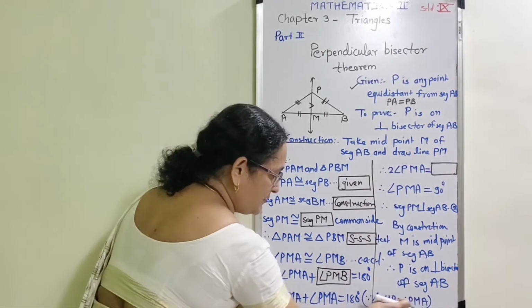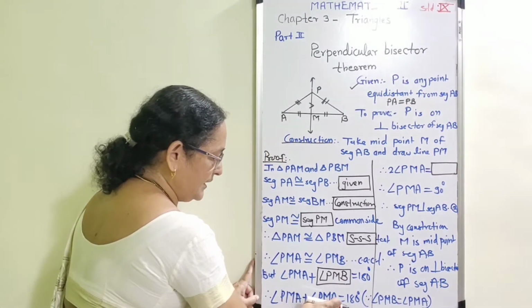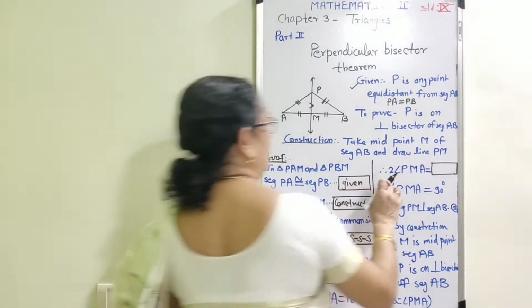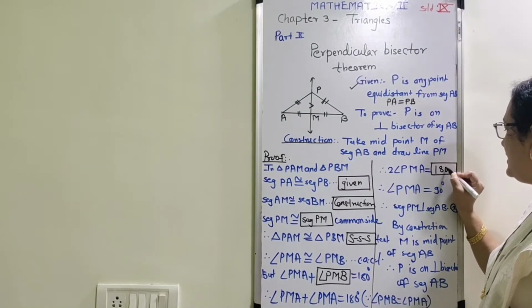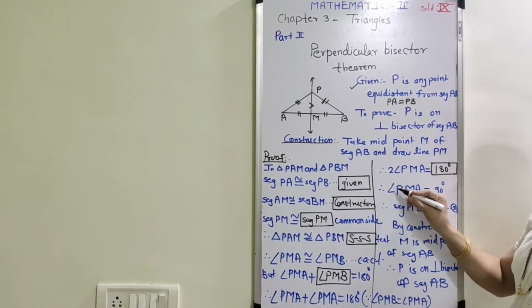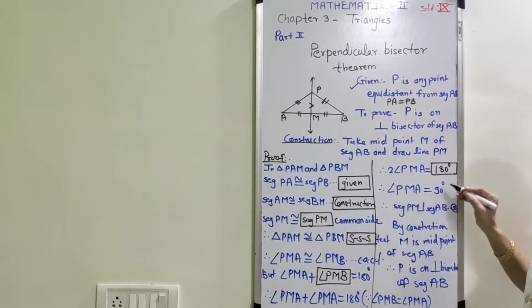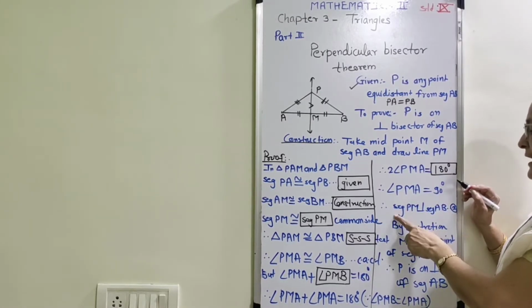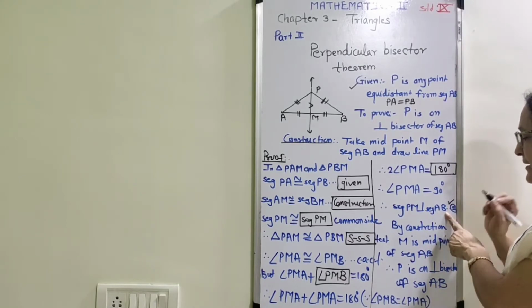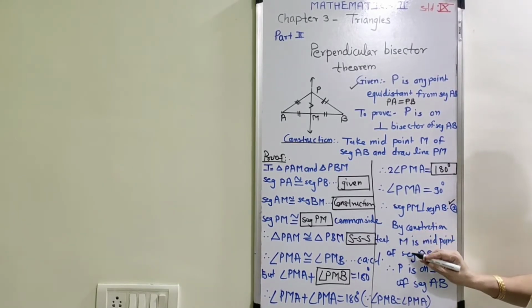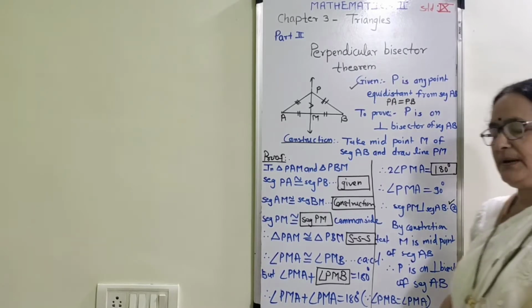Now twice of PMA is equal to 180 degrees, and therefore the measure of angle PMA is equal to 90 degrees. That means PM is perpendicular to AB. The first part is proved, and by construction M is the midpoint of segment AB. Therefore P is on the perpendicular bisector of segment AB.